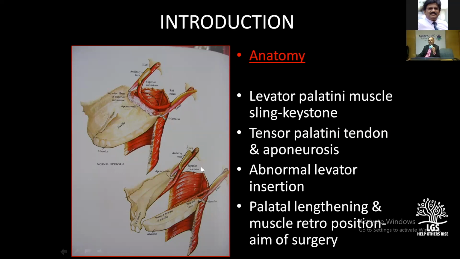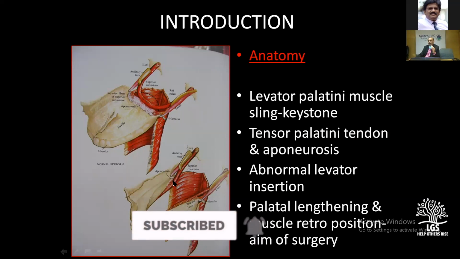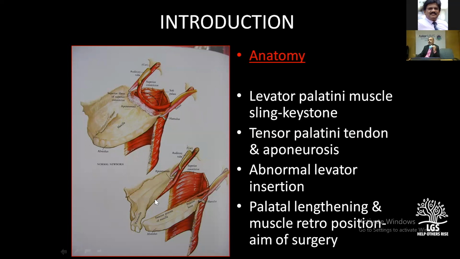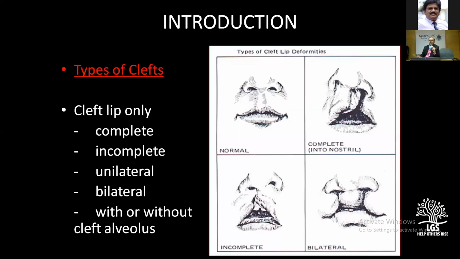In the cleft, not only is everything cleft, but instead of the levator forming a sling like that and pulling the soft palate and the uvula up onto the pharynx, the muscle is cleft, and not only is it cleft, it's attached abnormally along the back of the hard palate and the edges of the cleft. So the pull is also abnormal. That's the abnormal morphogenesis and the pathophysiology in a palatal cleft. All these things we will discuss in detail in coming days or weeks, when the time comes. But these are the basic things that you should have in mind.